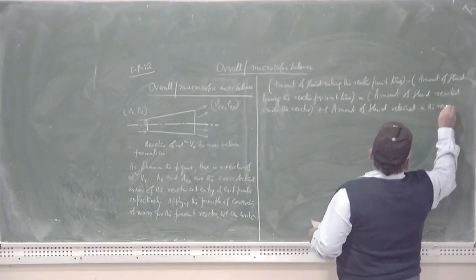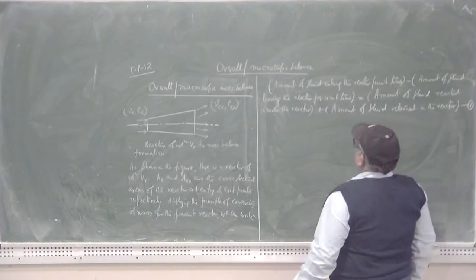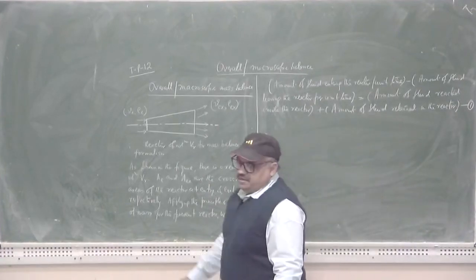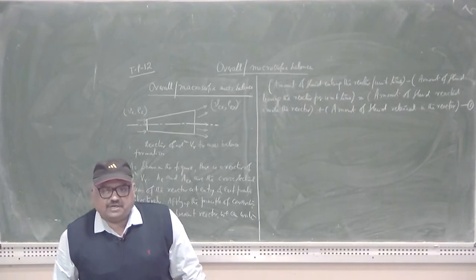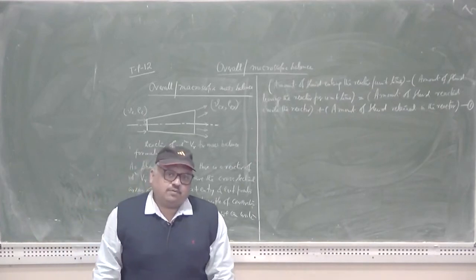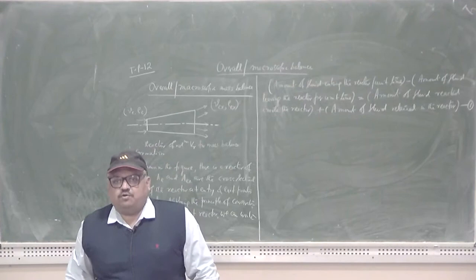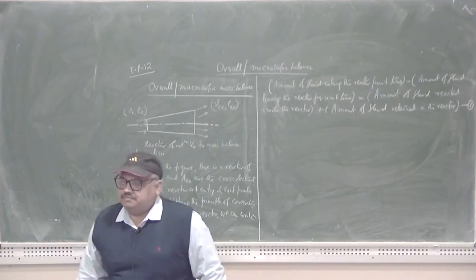So, this is the basic equation for the mass balance formalism. Let us try to evaluate all these four quantities, and putting in equation number 1, we will get the overall equation corresponding to the overall mass balance formalism.